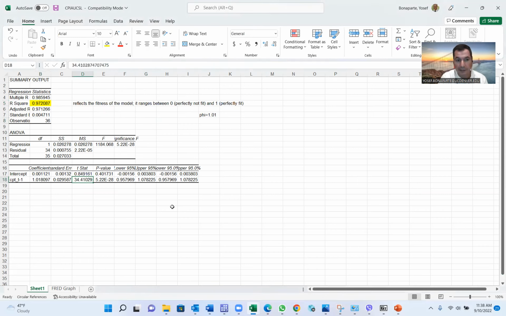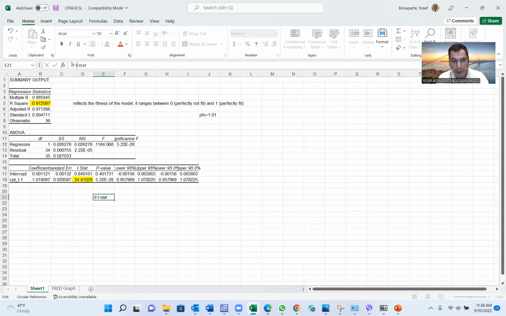The T-stat reflects the statistical significance. So phi is 1.01, which is greater than 1. Is it statistically significant? Yes, the T-stat is 34.